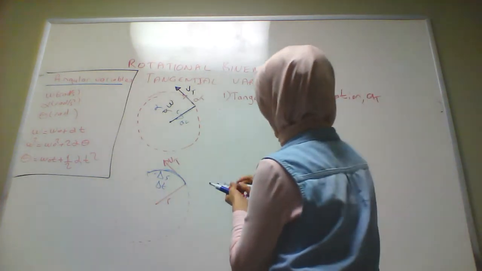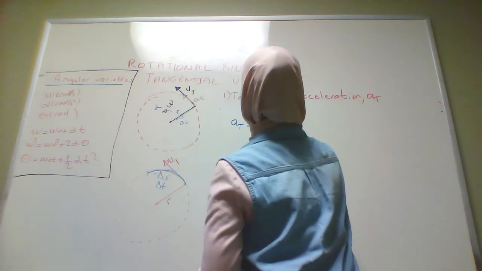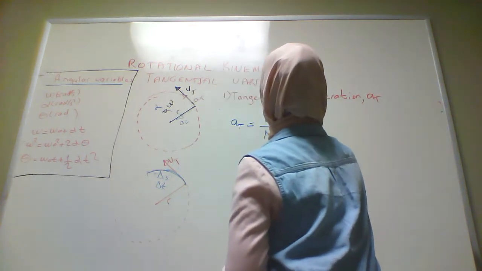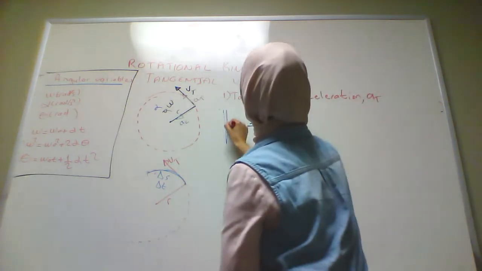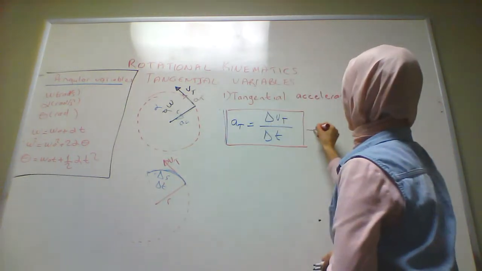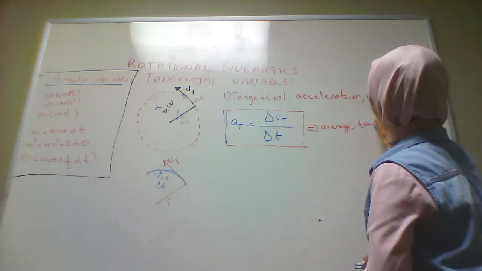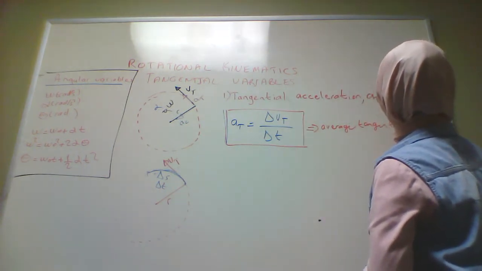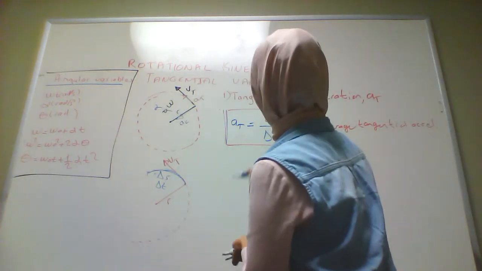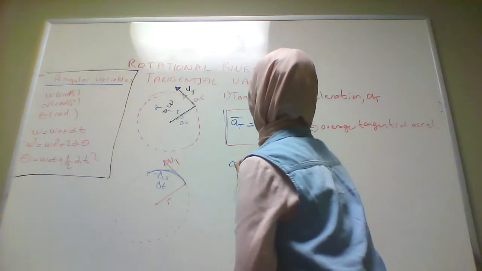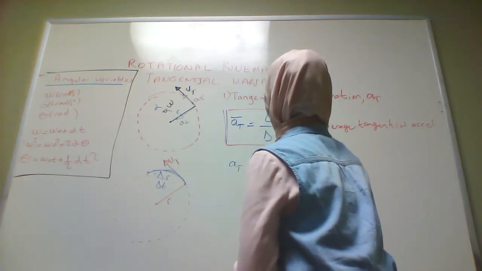So average tangential acceleration will be delta V tangential over delta T. And instantaneous tangential acceleration, of course, will be V tangential over time.